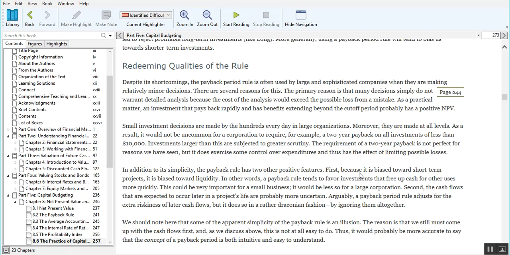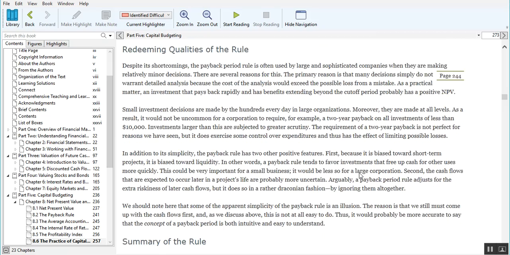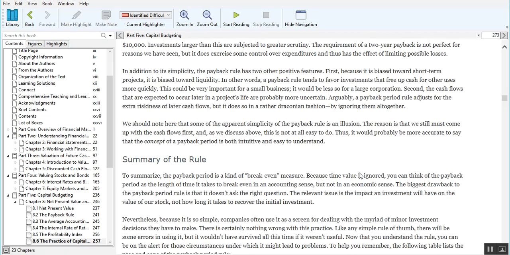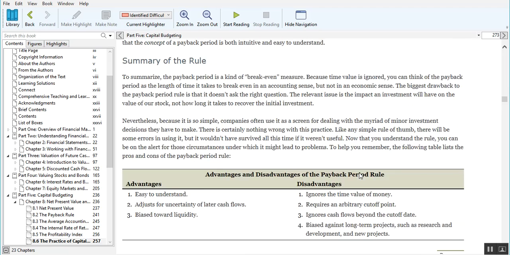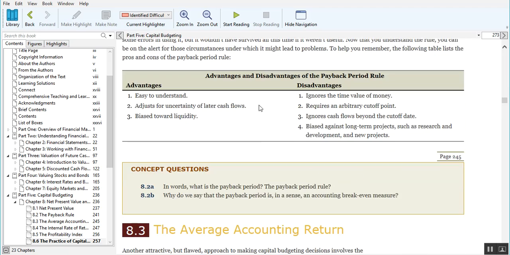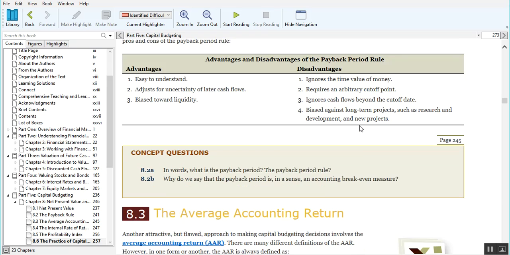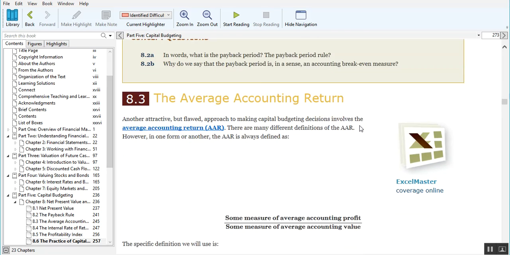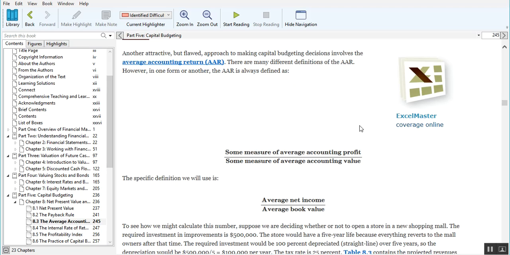It may be a small investment or a short term, something that's very low risk, so they might want to do it that way. But typically, they're not going to do this for the more major capital projects they're going to undertake. So here are basically the pros and cons of the payback rule.